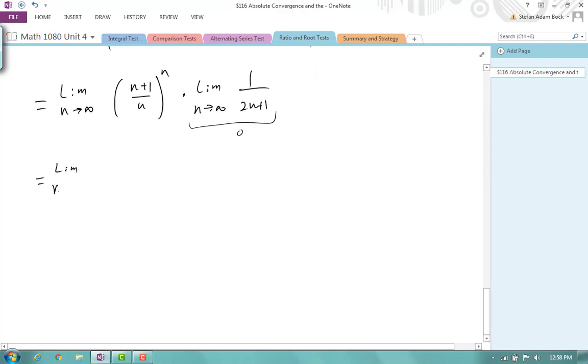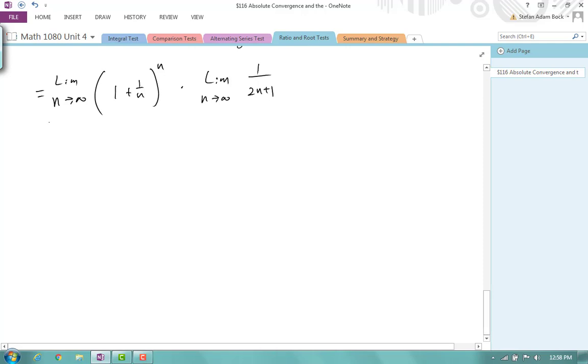So this is the limit as n goes to infinity. I can rewrite this again. This looks like 1 plus 1 over n to the power of n. That looks really familiar. You may recognize this first one from the L'Hopital section, I believe.